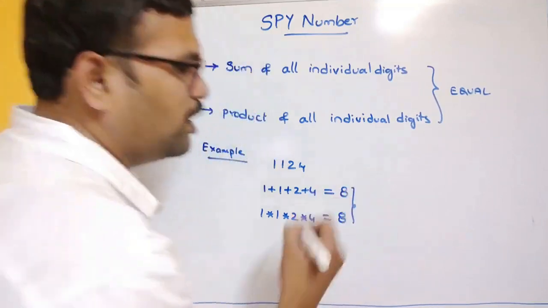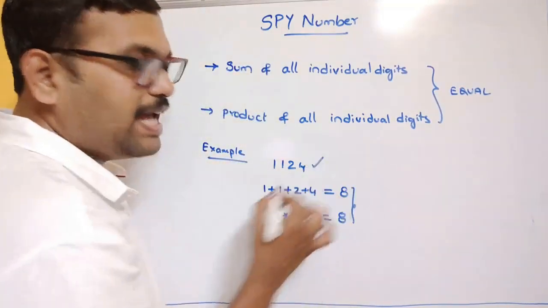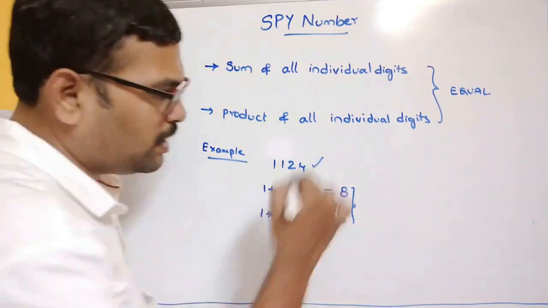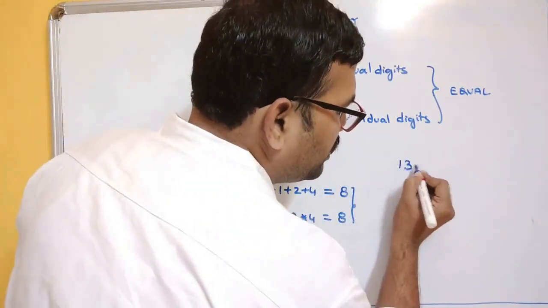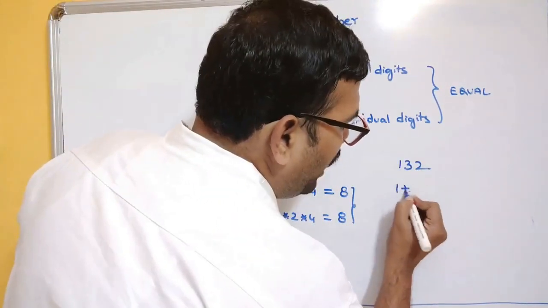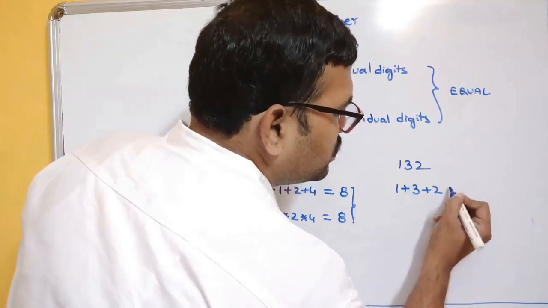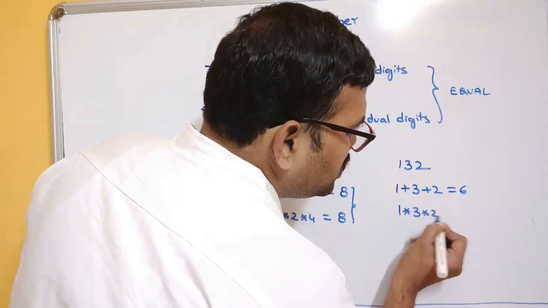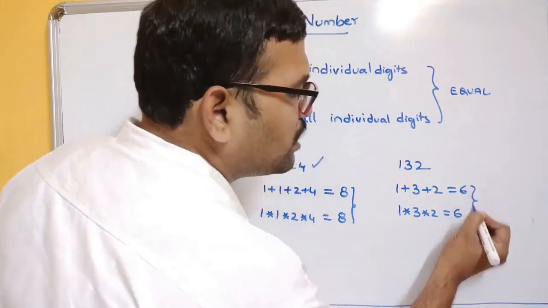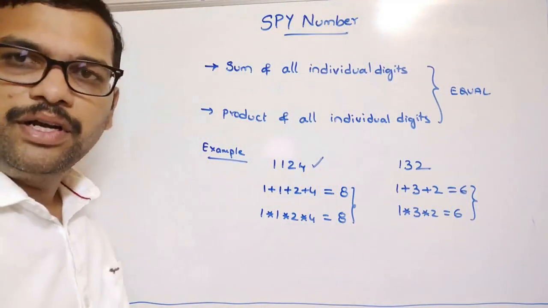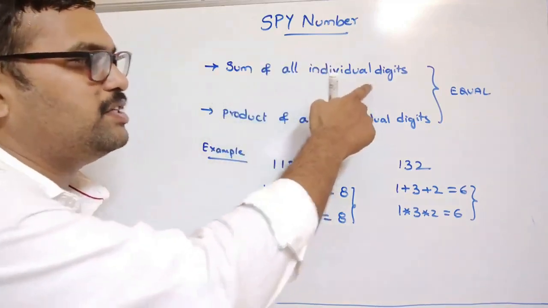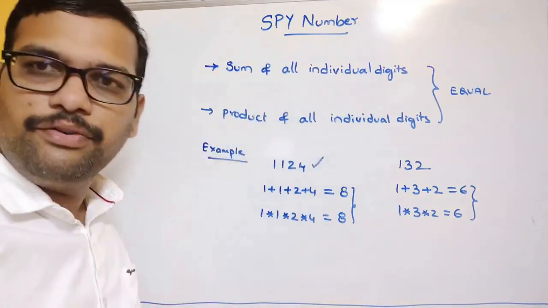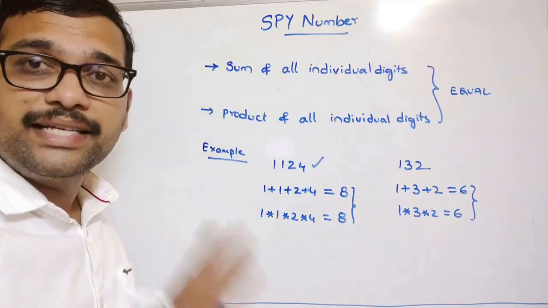So both are equal, so we can say this is a spine number. Another example, 132. Add all the individual digits, which is 6, and the product of all the individual digits is again 6. So 132 is also a spine number. If the sum of all individual digits is equal to the product of all individual digits, then we call it a spine number.